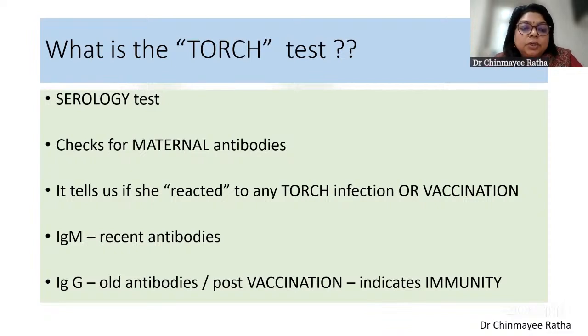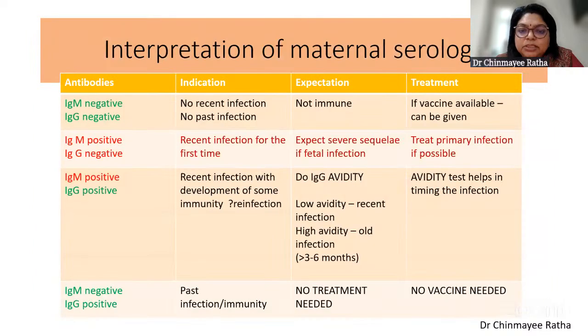So it tells us whether the woman herself has reacted to any of the TORCH infections or has had previous vaccination. We have two types of antibodies that are tested in the TORCH infection. One is the IgM that tells you about the recent antibodies, and one is the IgG, which tells you about old antibodies or the immunity.